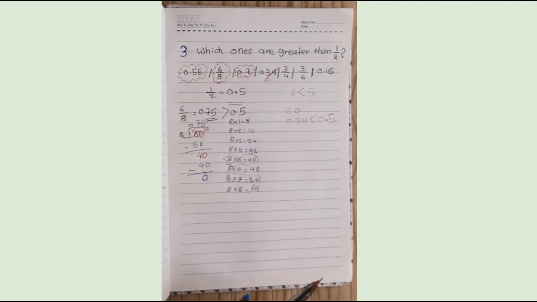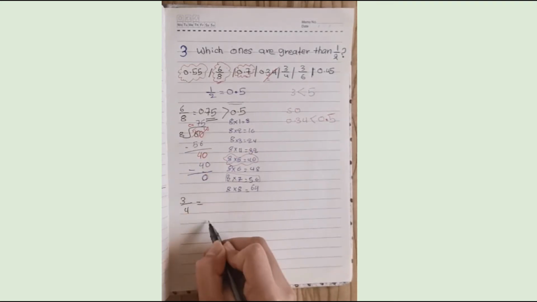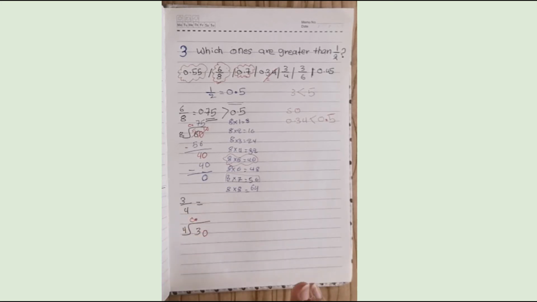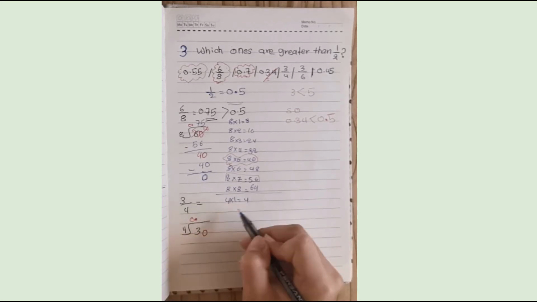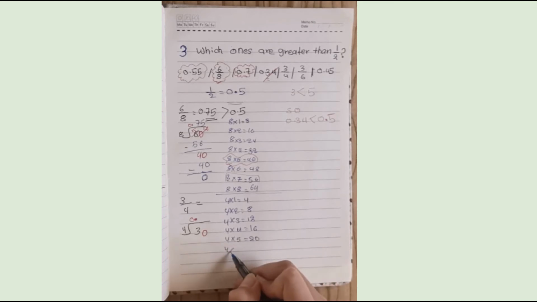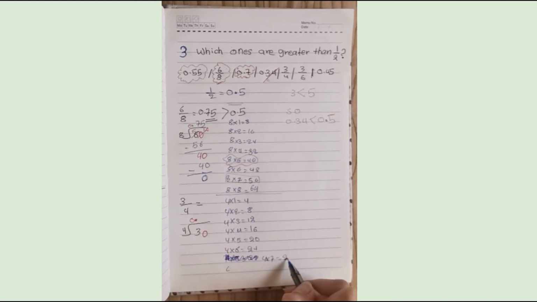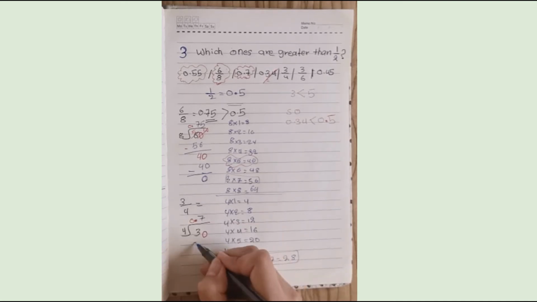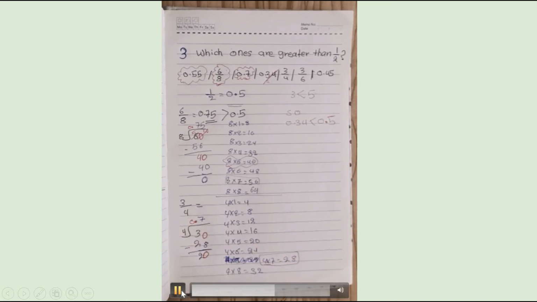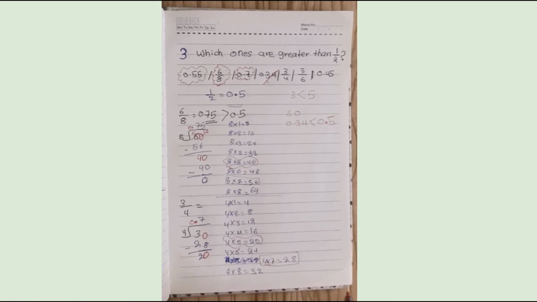Okay, our next number is 3 out of 4. We turn it into a decimal, 3 divided by 4. We need to find a number that is closest to 30 in the multiples of 4. The number that is closest to 30 in the multiples of 4 is 28. 7 times 4 is 28. 30 minus 28 is 2, and we add a 0 to it because 2 is too small to be divided by 4.